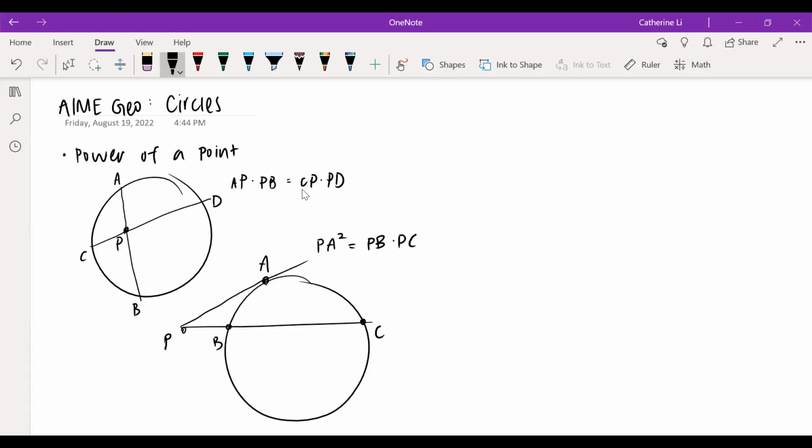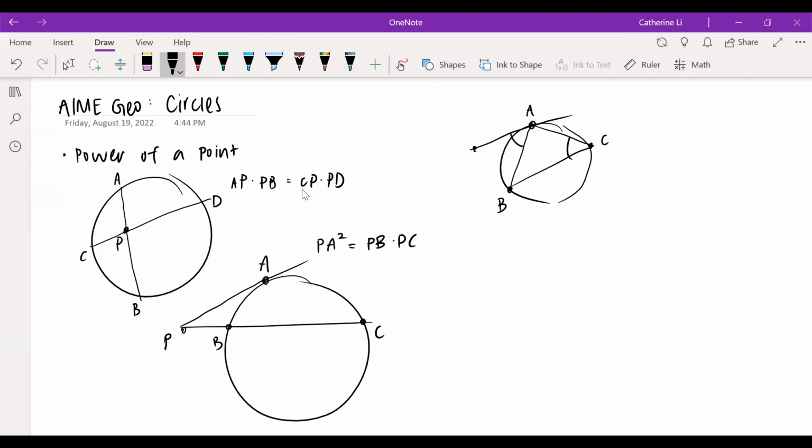Another thing that shows up is angles within a circle. So if we have a tangent at A, then let's say we extend this to B, then for any point C on the circle here, we're going to get that this angle is equal to this angle.